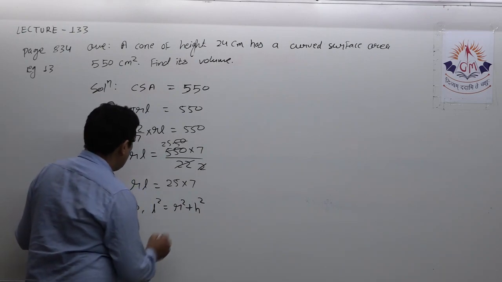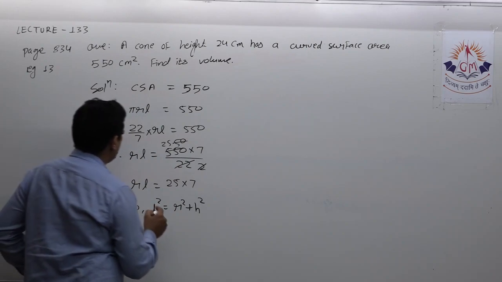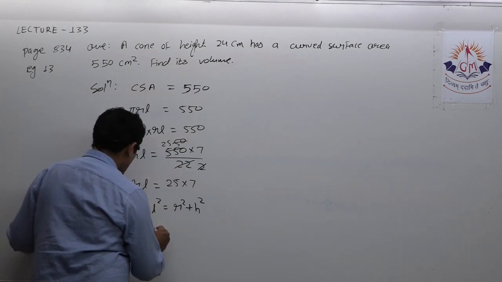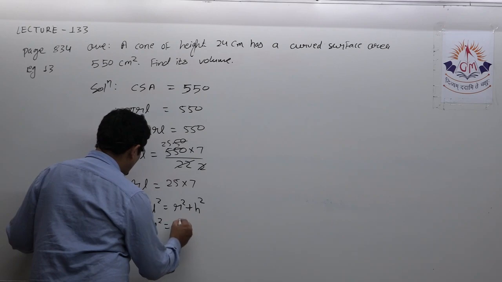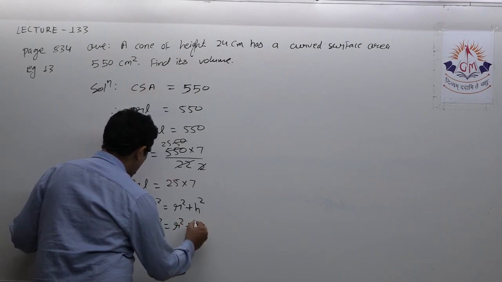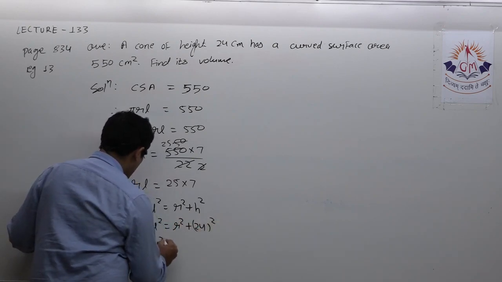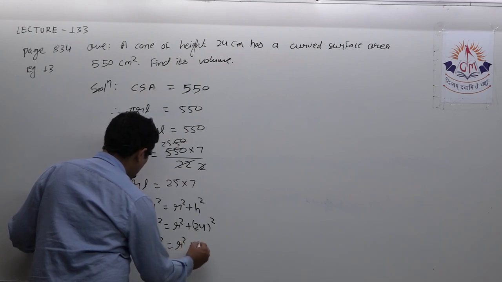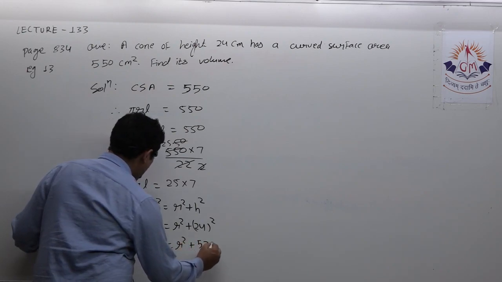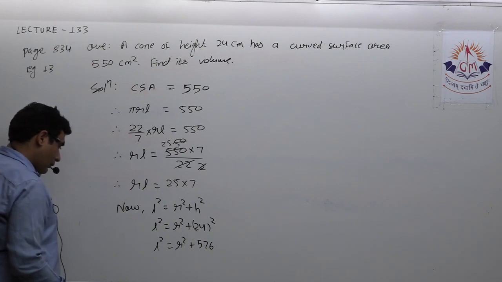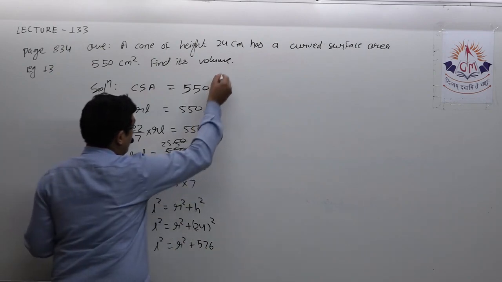Now here height is given, height is 24. So L square is equal to R square plus 24 square. So L square is equal to R square plus 576. Square of 24 is 576.